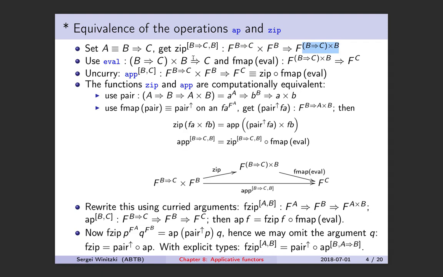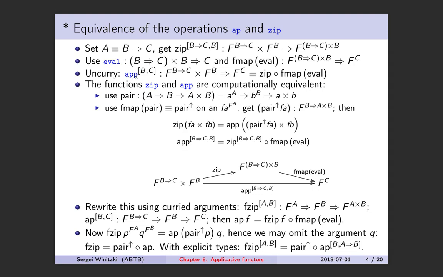Now, obviously, we can convert this to FC because this is a function from B to C and we have a B. So we can clearly just apply this function to this B and get a C. Let's call that function eval. And then fmap of eval will be a function of this type. It is trivial to define that function. Then we just do fmap of it, and we get this. So then we transform from here to here. And we just uncurry. Now, we get an app.